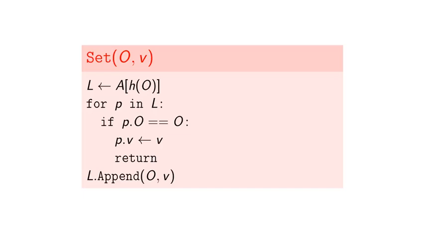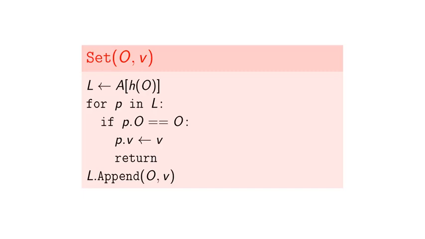Now we go through all the pairs P in that list L, and each pair P contains two fields. First field is P.O, which is the object of that pair, and P.V, which is the value of that pair. If for some pair we see that the object of that pair is the same as object O, for which we need to set the value V, then we just assign the new value to P.V. We rewrite the old value with the new value for that object O, and then we return, we exit from the function, because we've already done everything we need.